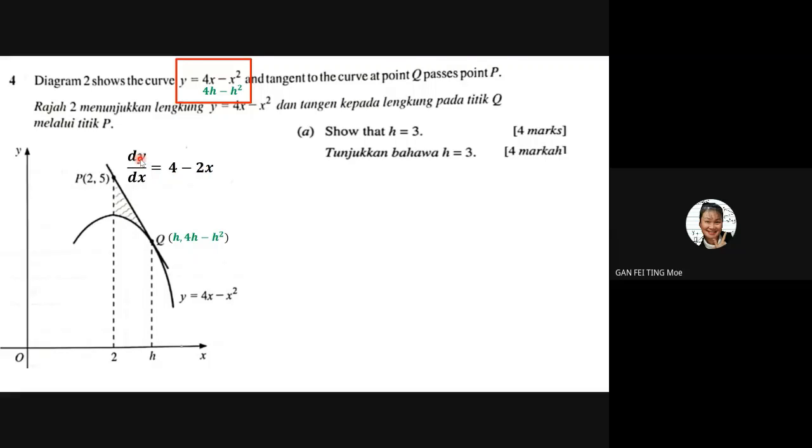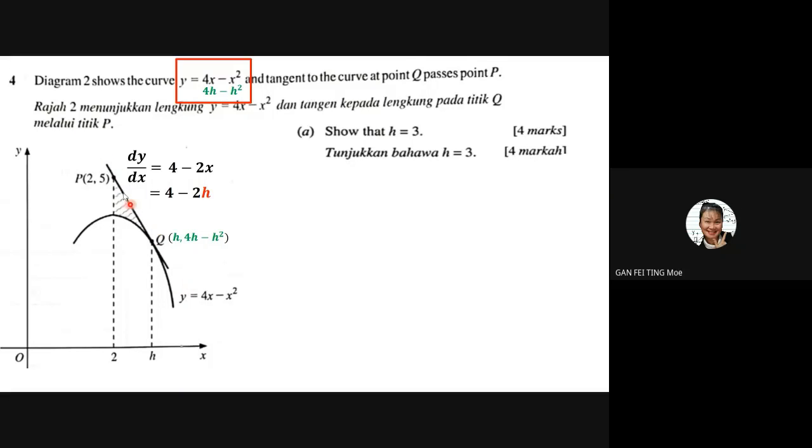Okay, and remember dy dx in terms of x is actually every single straight line. So therefore, I need to change my x here to h to represent the gradient. The gradient at point Q means the slope of this line.